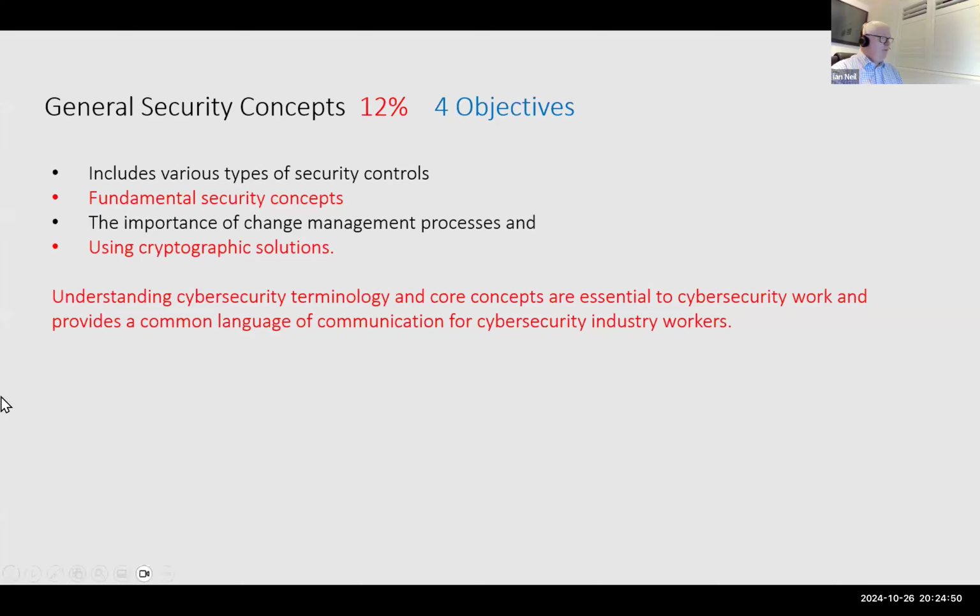Now, if we look at the general concepts, it's got 4 basic things. It includes various types of security controls, fundamental security concepts, the importance of change management processes, and also using cryptographic solutions. Now, this change management is new, and that comes into chapter 3 in my book, and it's very, very simple.